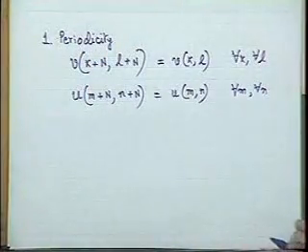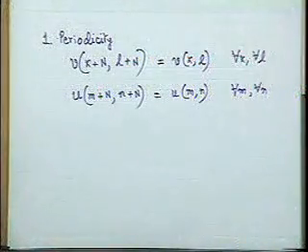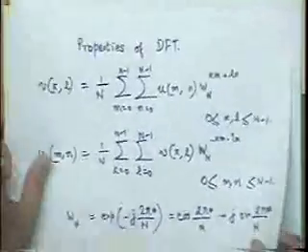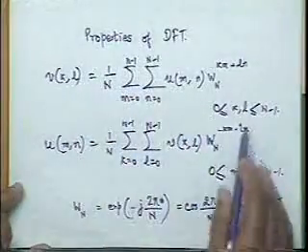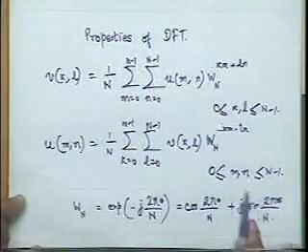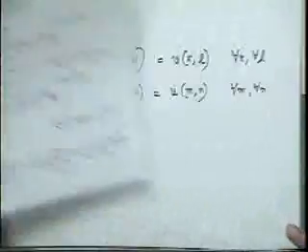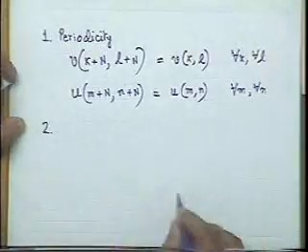Now the second property. Again, whenever we are studying any property, we will refer back to the transformation equations. Let us look at the transformation expression and try to see the second property.